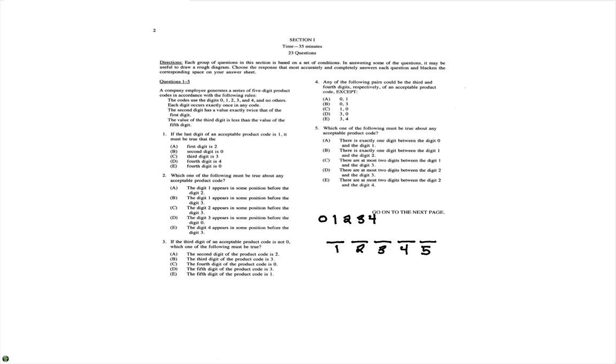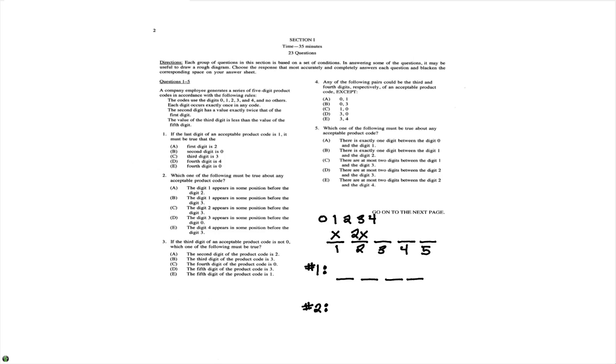The next rule says the second digit has a value exactly twice that of the first digit. Well, if the first digit was x, then the second digit would be 2x. Now this rule is going to allow us to make 2 deductions here, because there's only 2 possible scenarios.